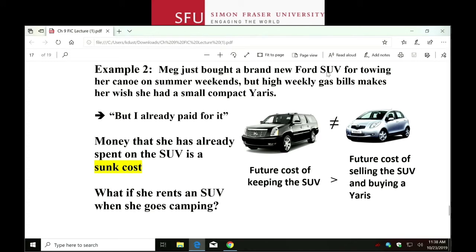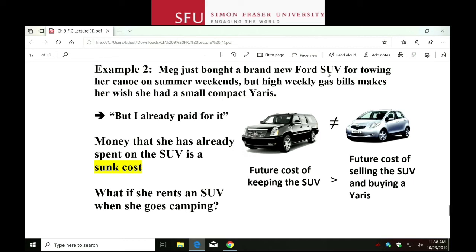And so when you're making the decision, you have to forget about what you've already paid for the truck. Try not to buy a new truck again in the future. Now you just consider the future cost of the two options: the future cost of keeping the truck versus if you sell it and buy the small car. As long as that cost is higher, then you should go ahead and sell it.